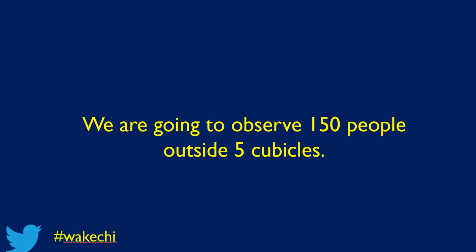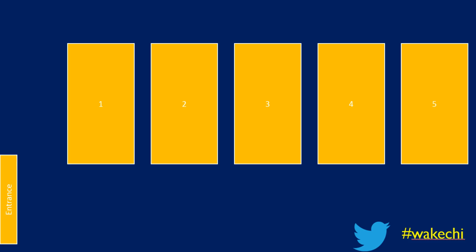Now don't worry, we're not actually going to do this experiment, and we've got our data already. They observed 150 people outside 5 cubicles. Just to stress, the cameras were on the outside, not inside. So here are our doors. We've got the entrance there at the left, and doors 1 to 5.